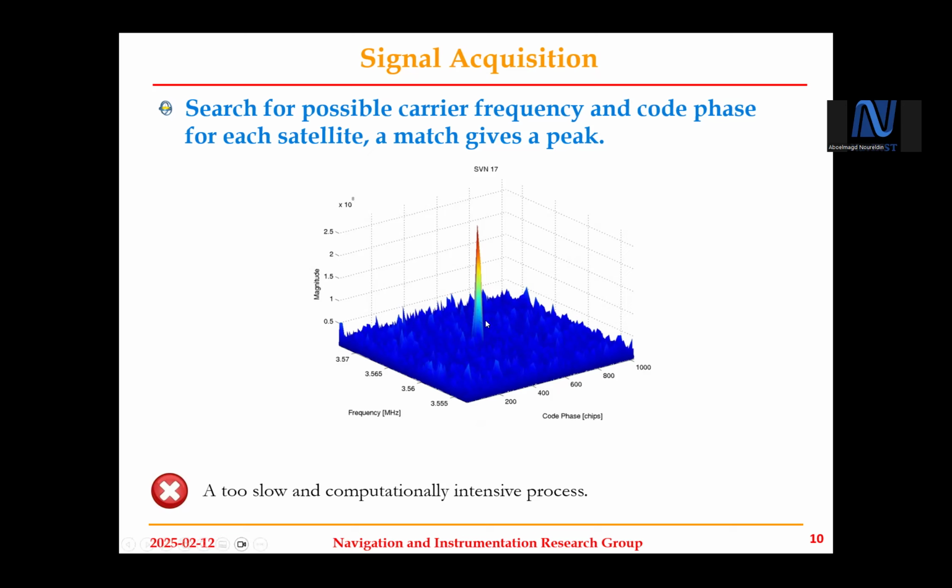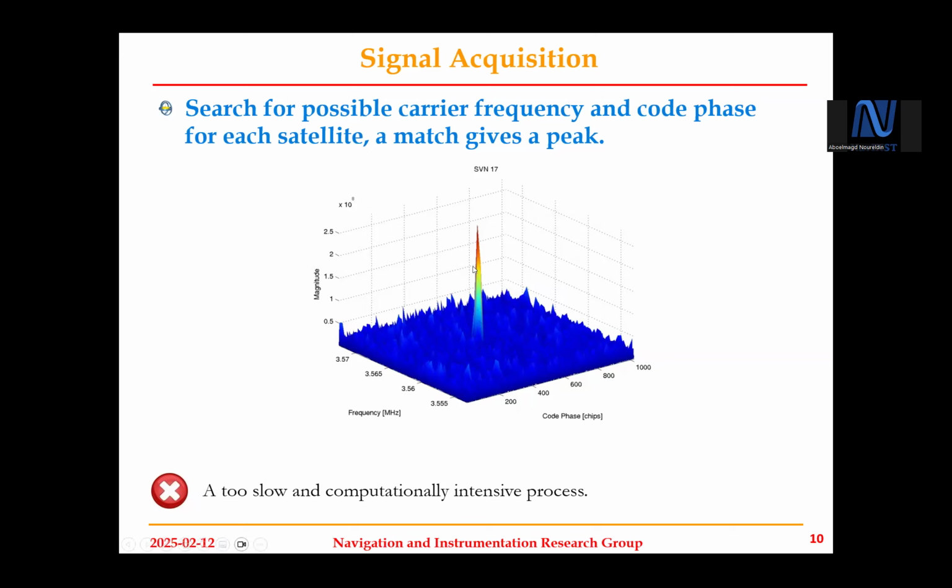So when I search for a satellite in the samples I get from the antenna, knowing roughly the code and the frequency shift, I will get a peak when I am close enough. Other than that, I get a very small amount. Why is this? This is due to the properties we discussed in the past slides today.